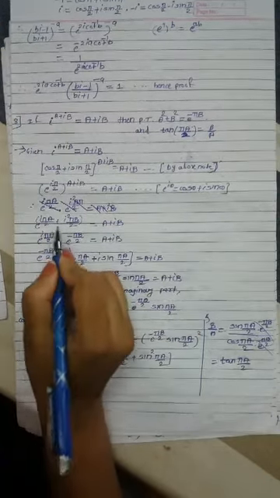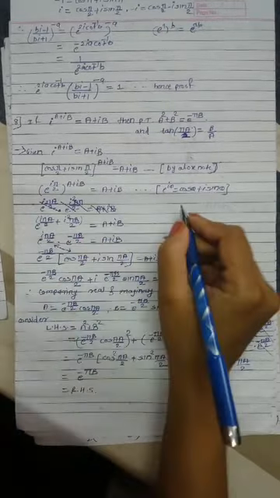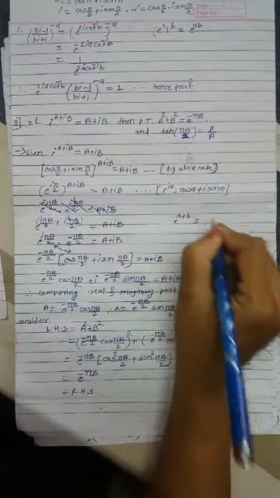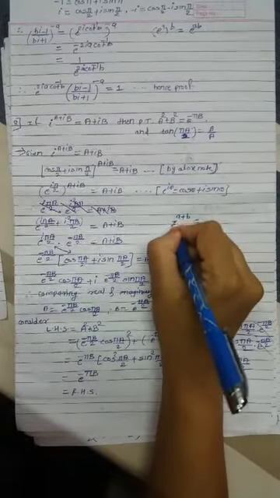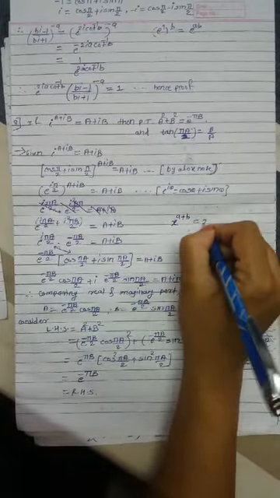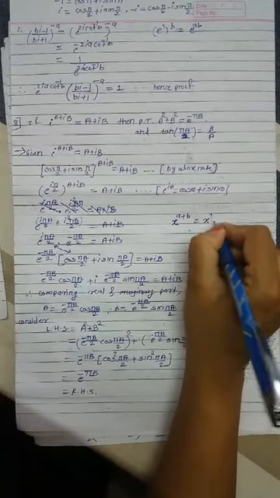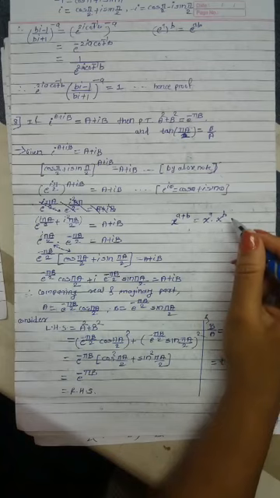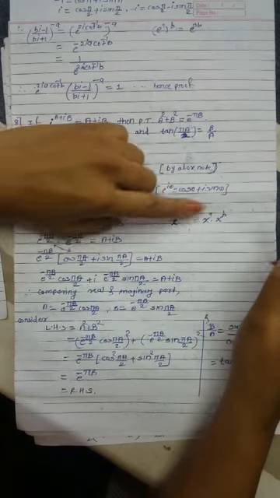Okay, now separate this term exponential. As we know one formula, take x raised to a plus b is nothing but x raised to a into x raised to b. If the base is the same and the indices are different, then we add these two indices.